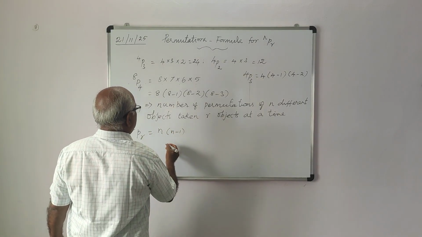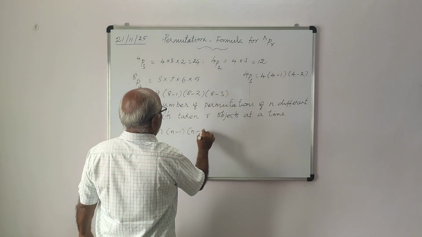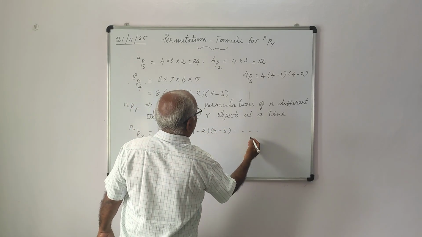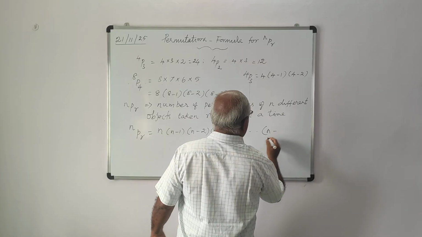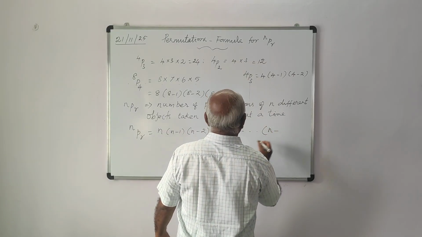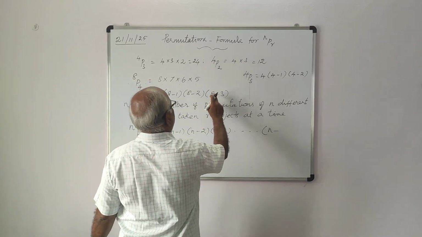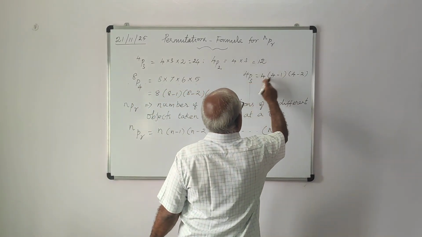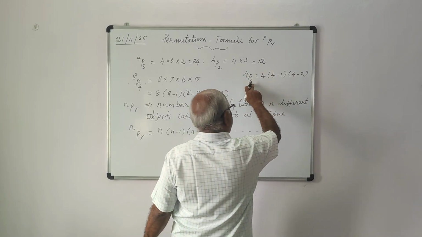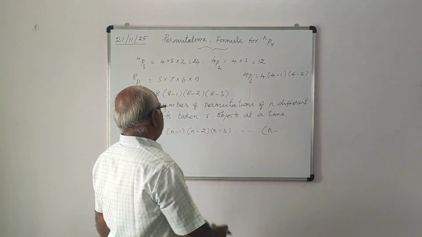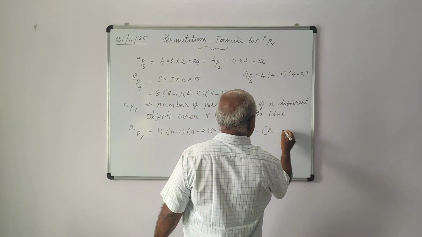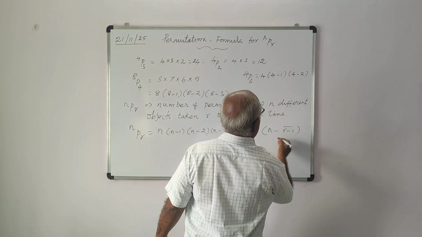The last term: if it is 4, you get 8 minus 3. If it is 3, you get 4 minus 2. The last term should be one less than r.